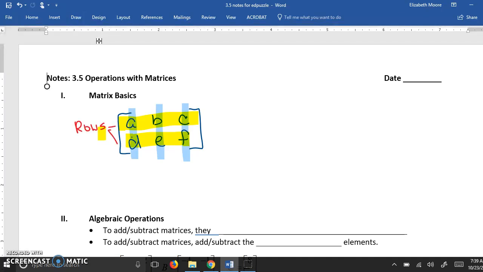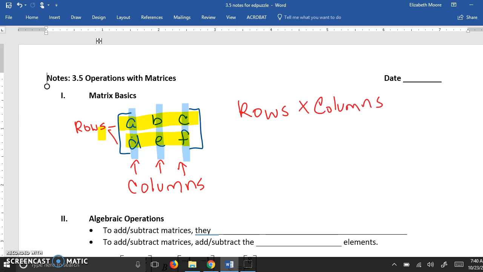So these are our rows, and these are our columns. Whenever we are saying the size of a matrix, it's always going to be the number of rows by the number of columns. So in this case, it is a 2 by 3 matrix.